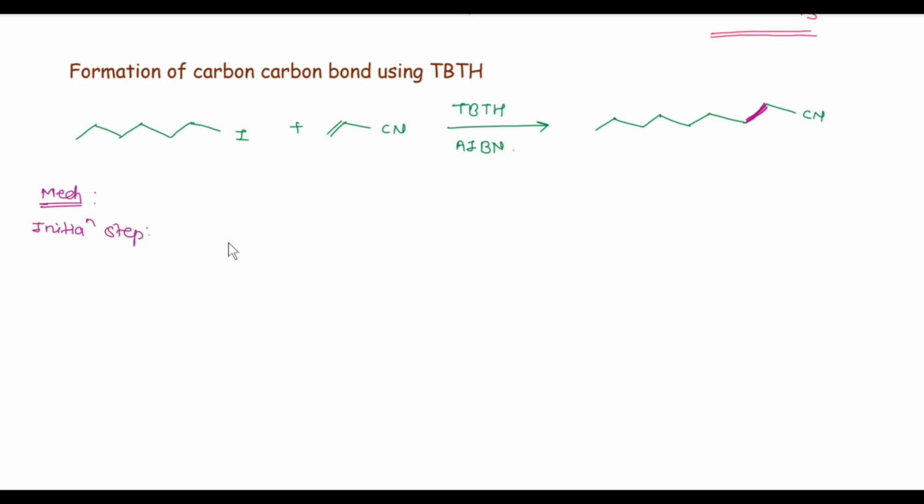In the initiation step, TBTH reacts with AIBN and we get TBTH radical. The next step is the propagation step.